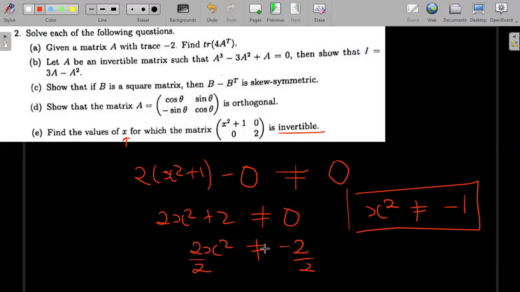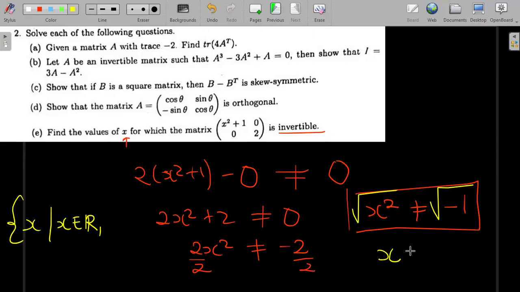Invertible. So the way you can represent your final answer here, you can say the x values should be such that x is a real number. But maybe here we can try to find the square roots. We square root this side, square root that side.